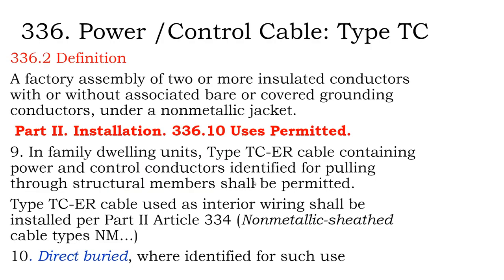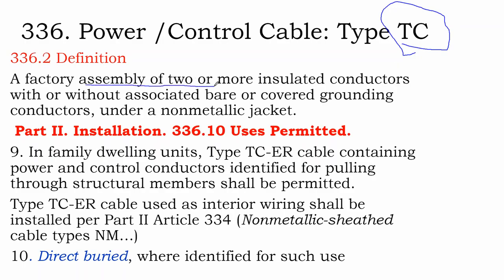And here's another kind of cable, power cable, TC cable. This stands for tray cable. What we'll talk about in a minute is something called cable tray and how useful it is, particularly on commercial job sites. Tray cable is probably cable that's designed to go inside of cable tray.